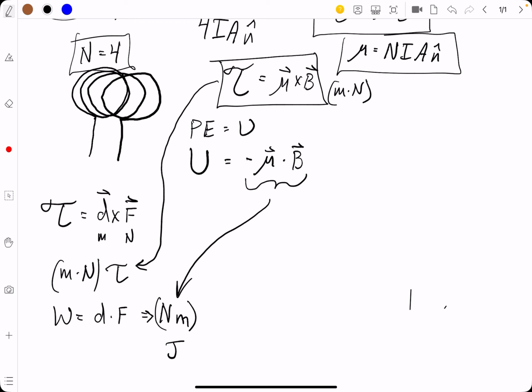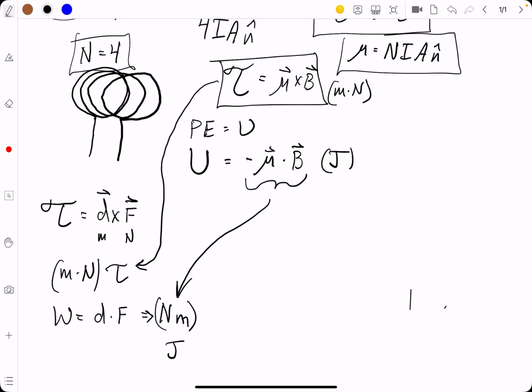I think it's just better to keep it meter newtons, right? Think of torque as foot pounds, meter newtons, okay? And then in this situation, we end up with joules, which is our energy, okay?